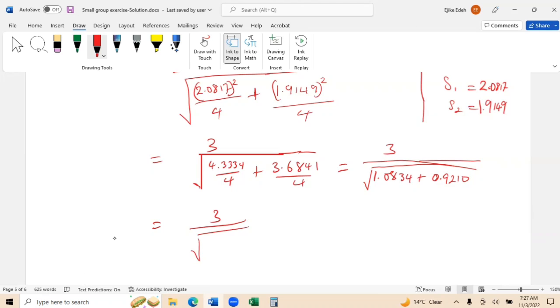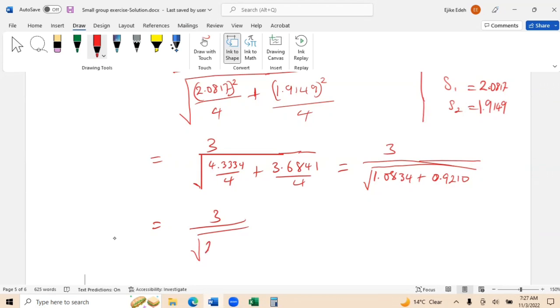You don't have to, but just to be clear, you're following me step by step. 1.0834 plus 0.9210 will give us 2.0044.